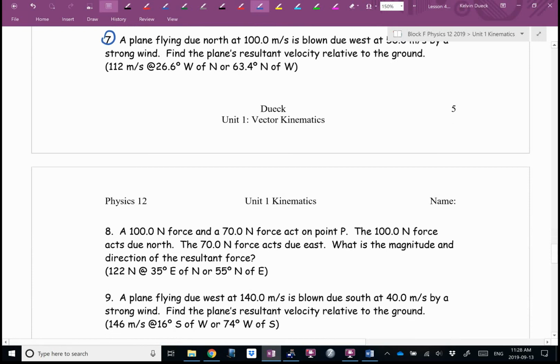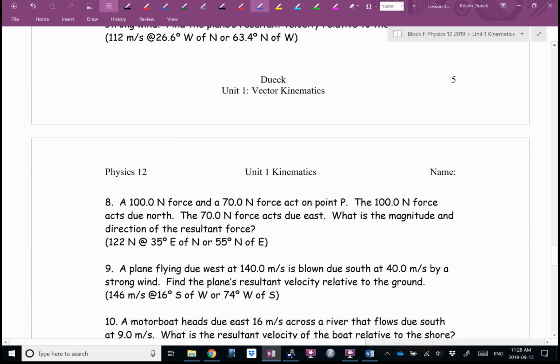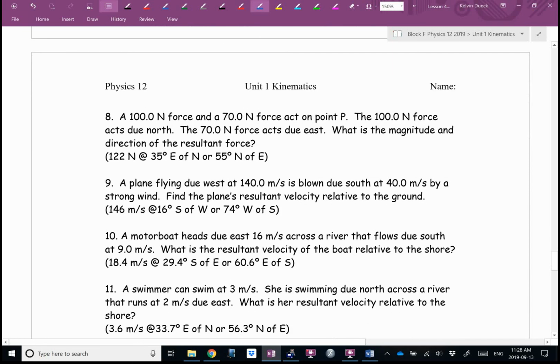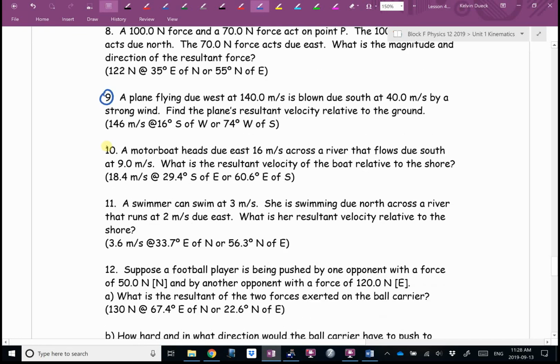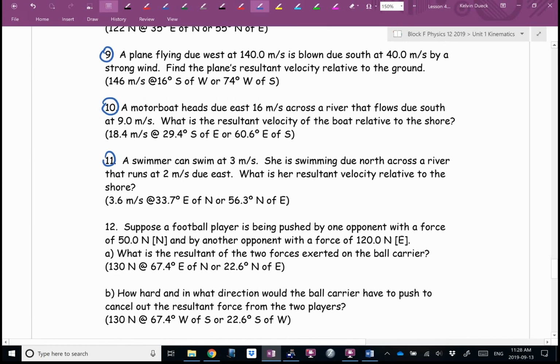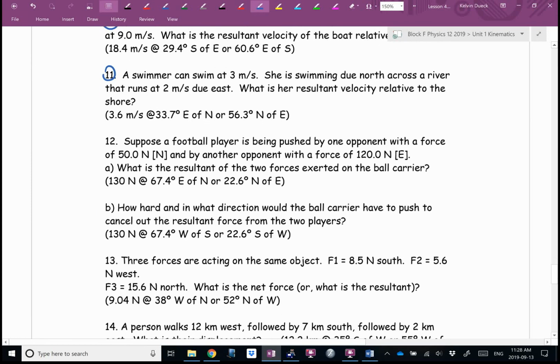I skipped 6. Yeah, 9. 10 is a river question. 11 is good. 12 is good.